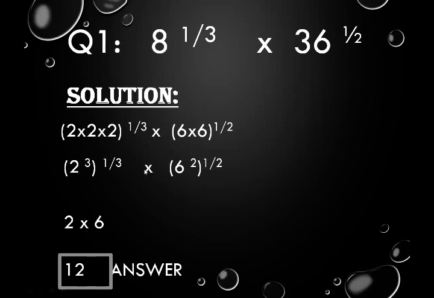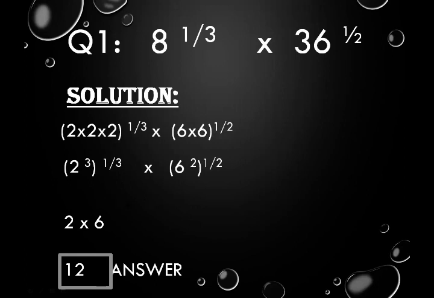In the next step, you can see that we have 3 times the multiplication of 2, so it can be written as 2 to the power 3, the whole power 1 over 3, as given in the question. Multiply by 6 to the power 2, because 6 was multiplied 2 times to itself, and the whole power 1 over 2, which is already given in the question.